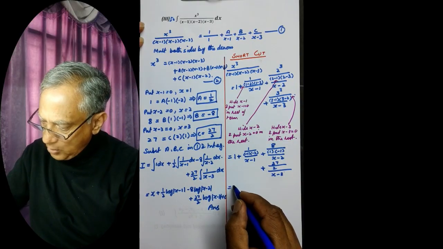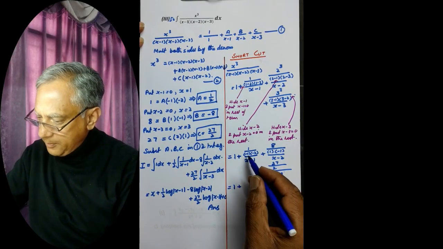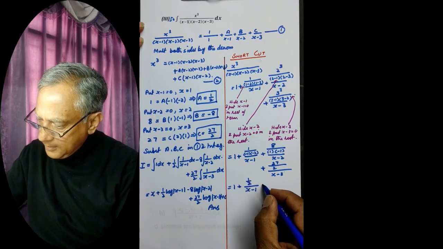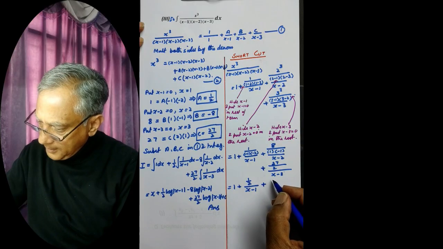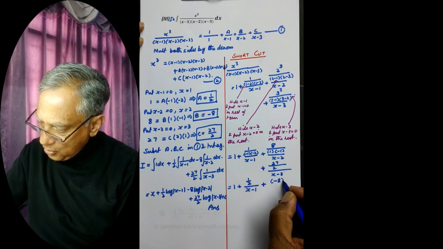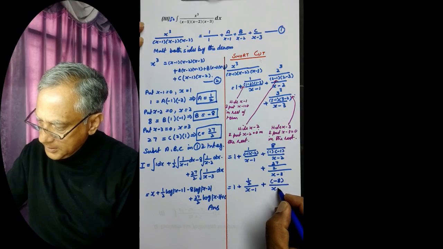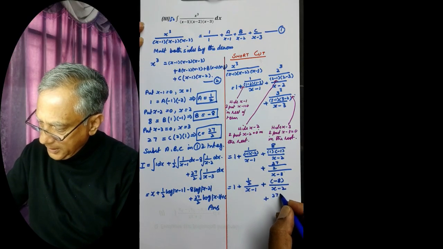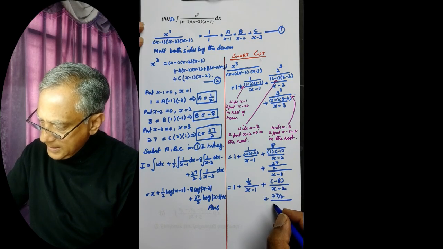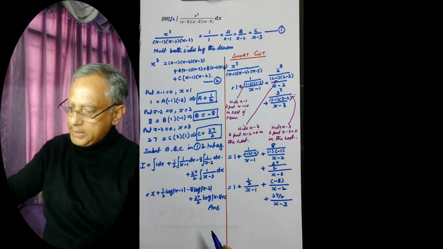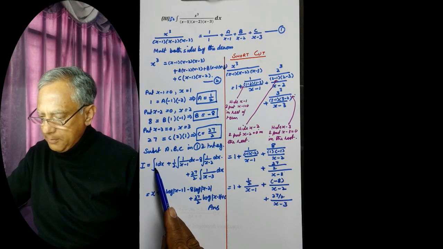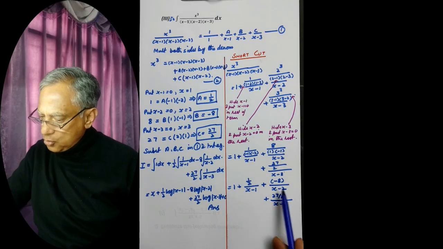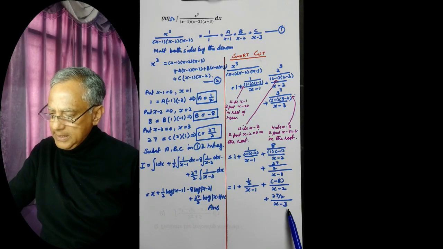So what we get is 1 plus 1 by 2 over x minus 1, plus minus 8 divided by x minus 2, and 27 by 2 divided by x minus 3, which is the same as before: 1 plus half over x minus 1, minus 8 over x minus 2, plus 27 by 2 over x minus 3.